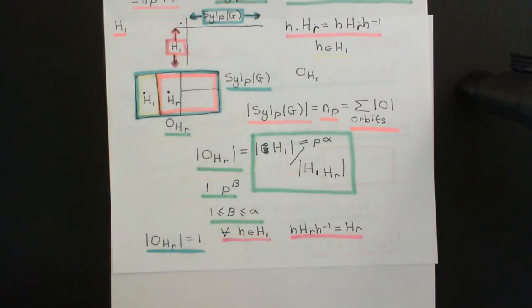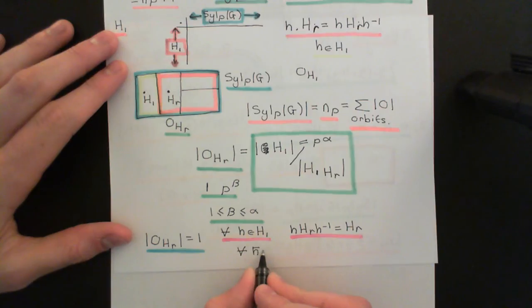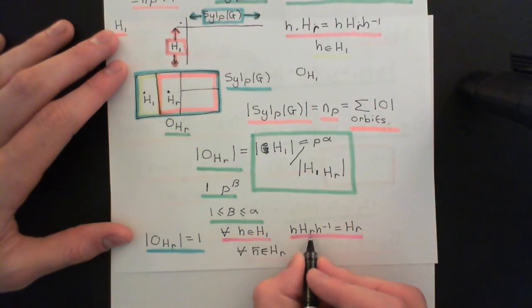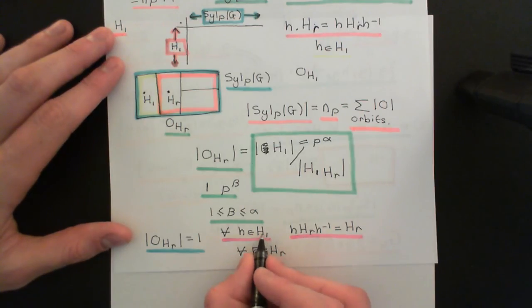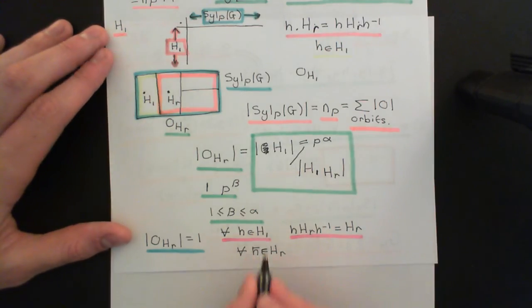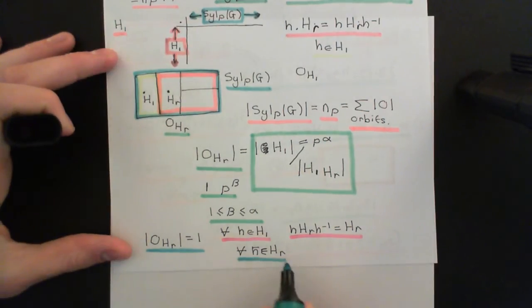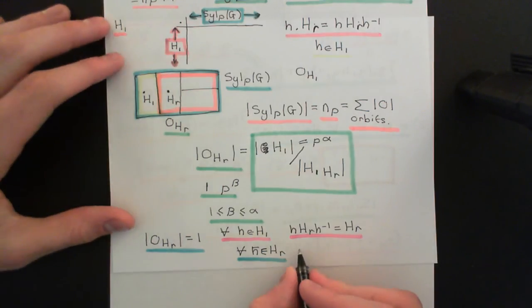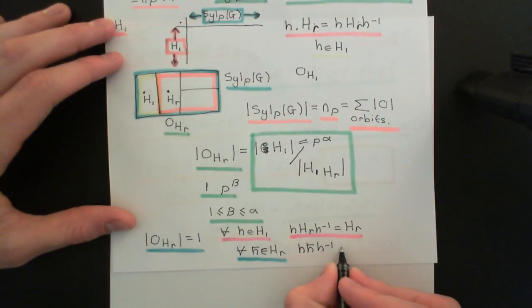Stated another way, this means that for all h bar, which is an element of capital HR, and you can now see why I switched my notation from capital HI to capital HR, because if I was still using I, it would look very similar to capital H1, so that's why I switched the notation early on. So for all little h bar in capital HR, it needs to be the case that h h bar h inverse is some other element of capital HR.